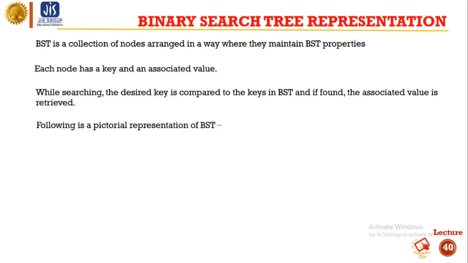Following is a pictorial representation of a binary search tree. As you can see, all the elements on the left hand side of any node are less than that node, and any node on the right hand side of any node is greater. As you can see, the root node is 27. So all the nodes on the left hand side of 27 are less than 27.